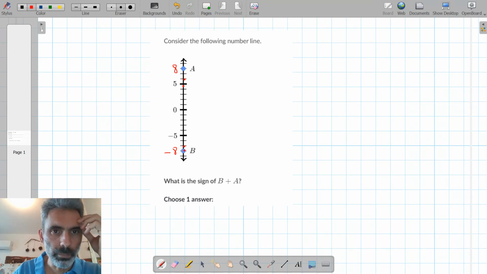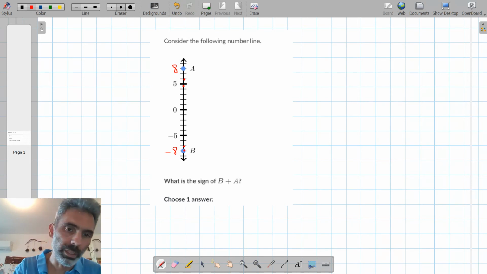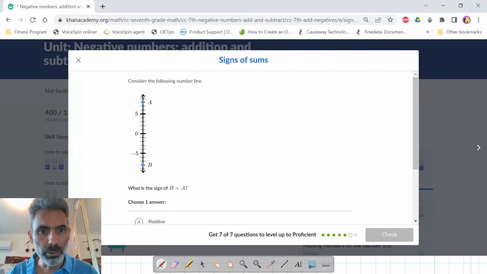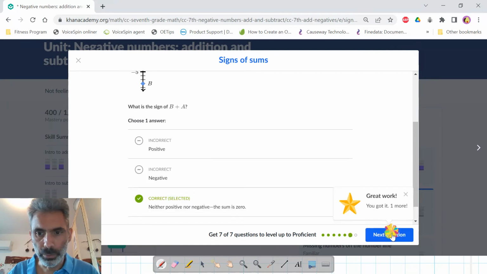So A is +8, B is -8. They are at the same distance from the 0, so if you combine them together, B plus A, we will end up at exactly 0. So neither positive nor negative, the sum is 0.